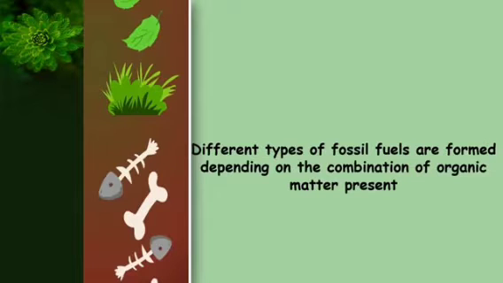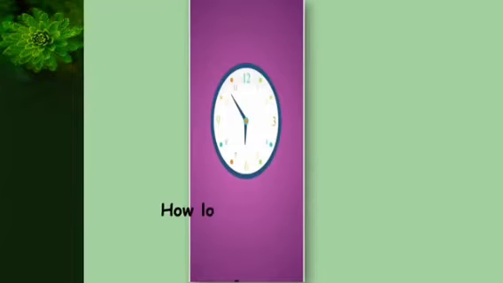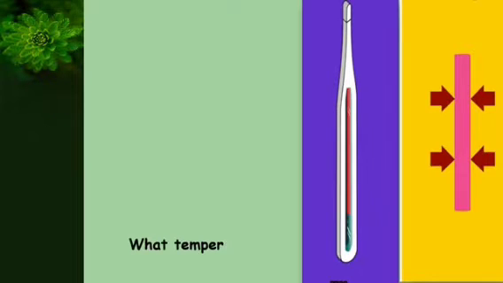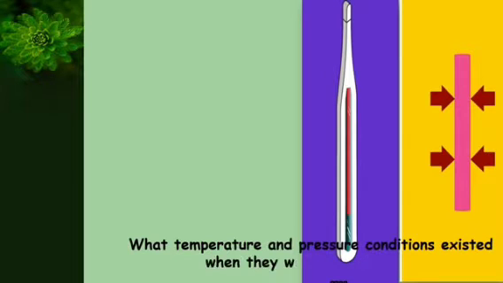Then, over the next few years, different types of fossil fuels are formed depending on the combination of organic matter present, how long it was buried, and what temperature and pressure conditions existed when they were decomposing.